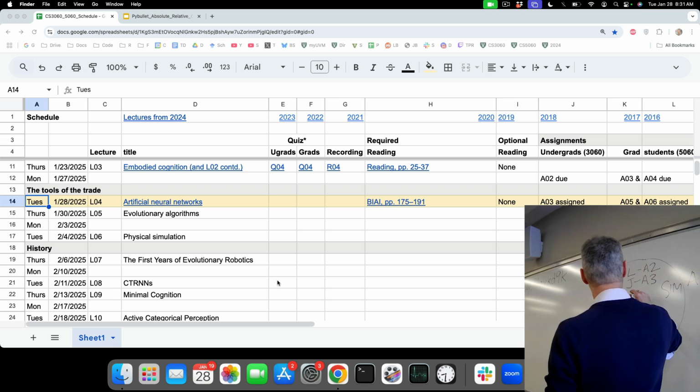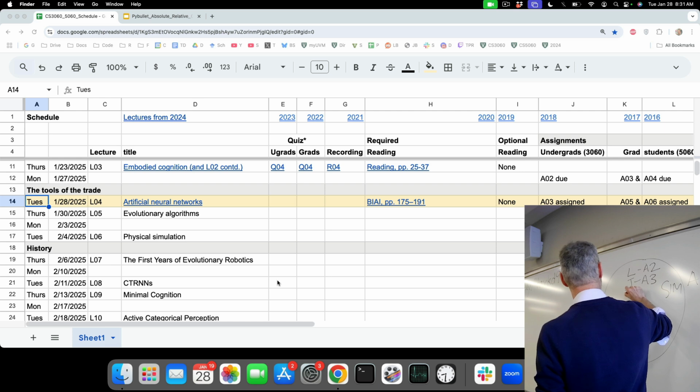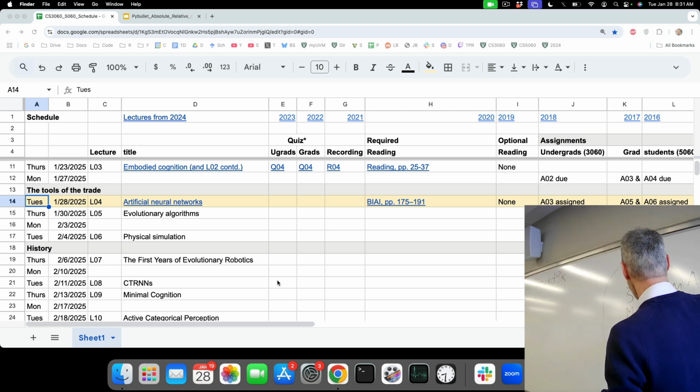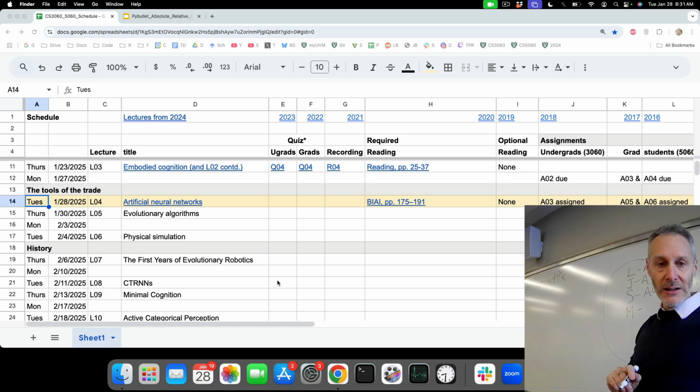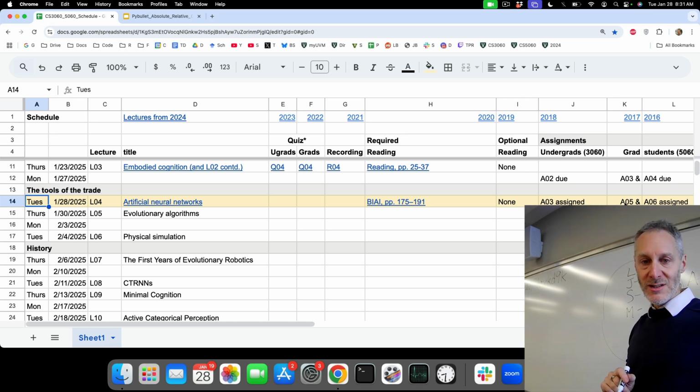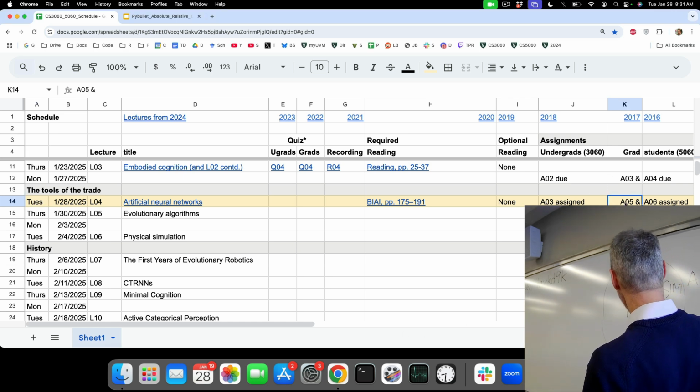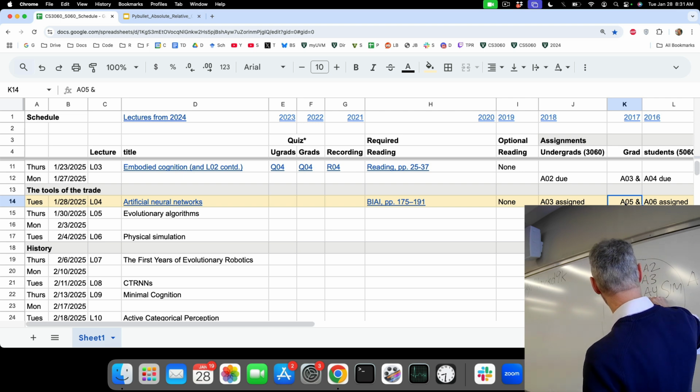Okay, graduate students, last time you focused in assignment 4 on sensors, and you're going to be tackling assignments 5 and 6 this week, which is assignment 5 is motors, and assignment 6 is neurons.